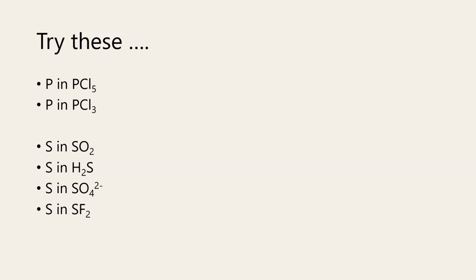Don't rush these, have a go at them. Notice as well that the oxidation states of phosphorus and sulfur are quite variable too. Again, they don't have one predictable or very common oxidation state.